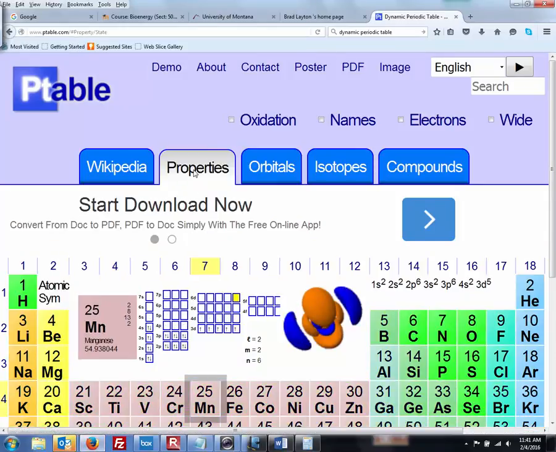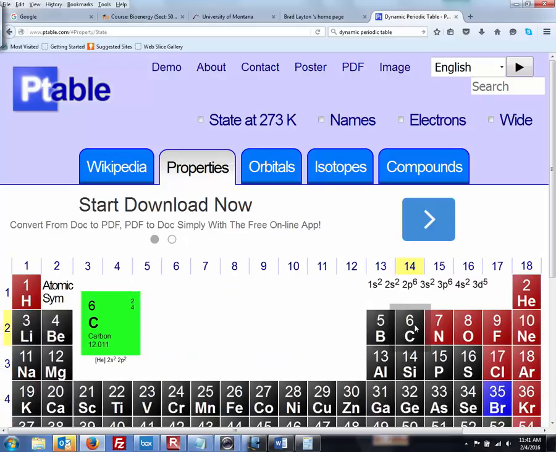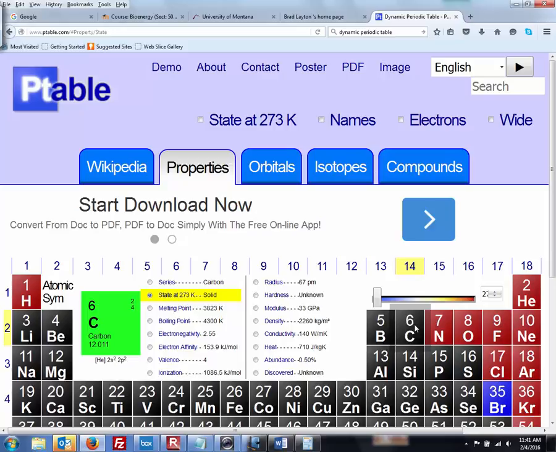I think if we just click on properties. Let's see. Oh, right here. So I'm looking at carbon. I've got my mouse over carbon. It's number 6. That means there's 6 protons in its nucleus.